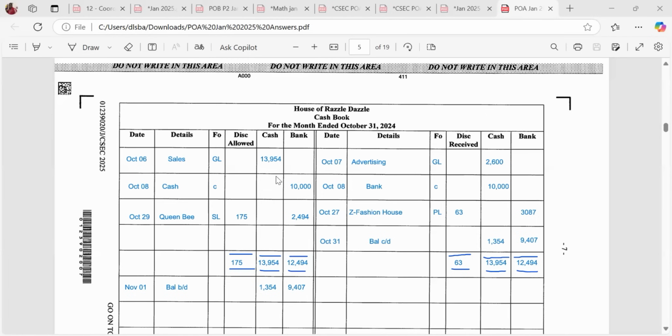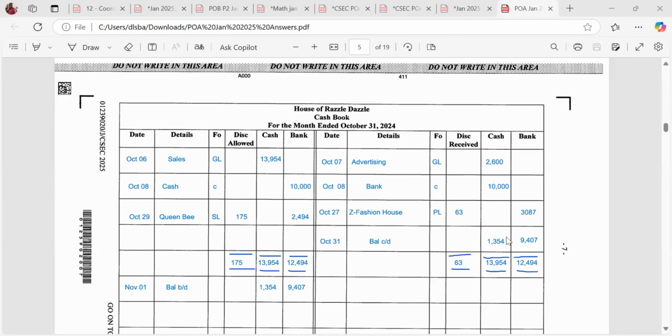So I take the bigger side and subtract the smaller side from it. So 13,954 minus 2,600 minus 10,000. And that's how I get this 1,354. This is how much money I have remaining. This is all the money I get on the debit side, all the money I spend on the credit side, and this balance is the balance of money I have remaining.